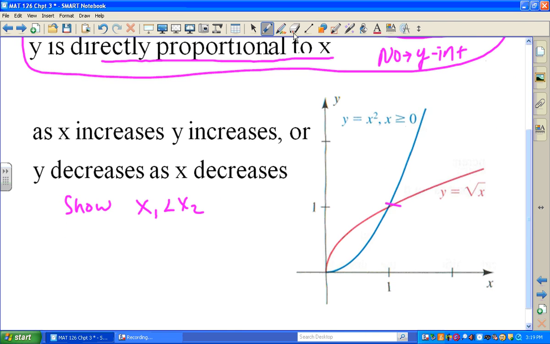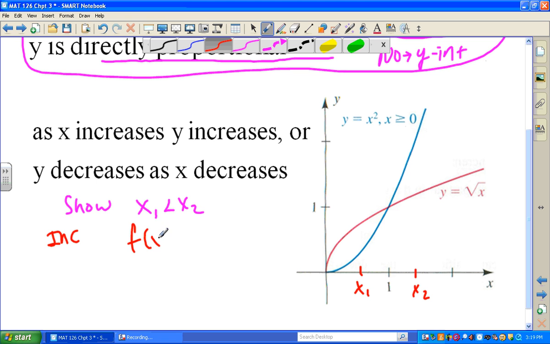I'll just call this one x1 and this one x2. And we said for increasing, f of x sub 1 was smaller than f of x sub 2. Well, take a look at the y value. Here's f of x sub 1. And here is f of x sub 2. This is an algebraic way of showing how something is increasing.